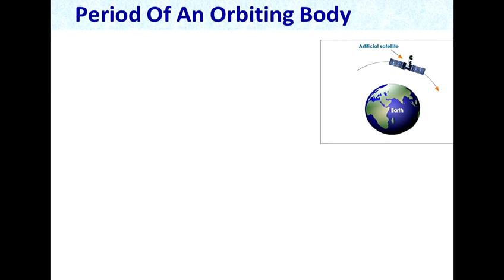Now, what can provide this centripetal force? If you look at the free body diagram of the satellite, there is only one force acting on it. That is the gravitational force that Earth exerts on the satellite. So therefore, the weight of the satellite must be the one that is providing the centripetal force for the satellite to move in circular orbit.